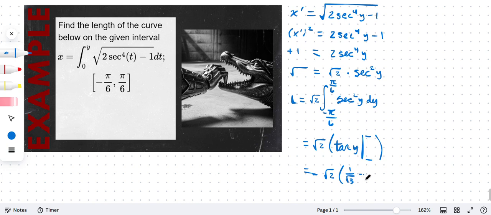And then minus the tangent of negative pi over 3, which is negative 1 over the square root of 3. So 1 over square root of 3 plus 1 over square root of 3 is 2 over the square root of 3, and then we have a square root of 2. So we can call that 2 square root of 2 over the square root of 3.